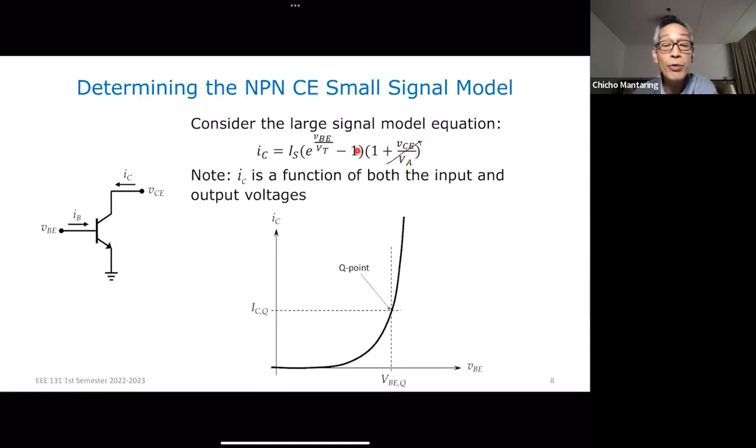And then I'm going to assume that VBE is a normal value of VBE, and it should be a normal value, assuming that our transistor is biased properly. Because if our transistor is properly biased, then our base to emitter junction should be conducting, and therefore VBE should be a normal value. In which case, this -1 becomes negligible.